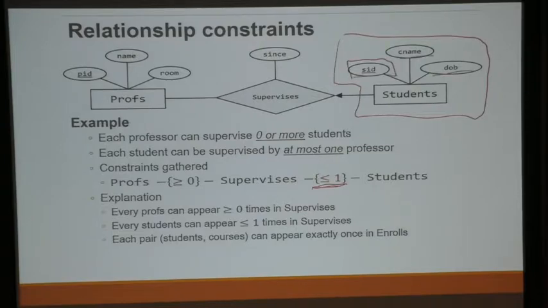Which means you allow for 0 students to appear in the supervisors. You allow that a student need not appear in this relationship. And how do we do that? Well, there are a few ways, but it means that you allow a student not to have a supervisor.